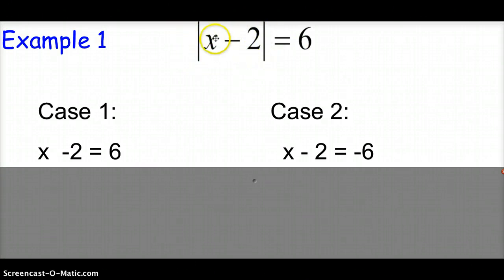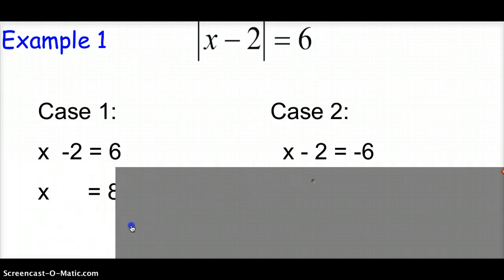It either is going to equal 6 or it's going to equal negative 6. Because the absolute value of 6 is going to be 6 and the absolute value of negative 6 is also going to be 6. Those are the only two cases that you will come up with an absolute value of 6. So let's just focus on case 1 for right now.